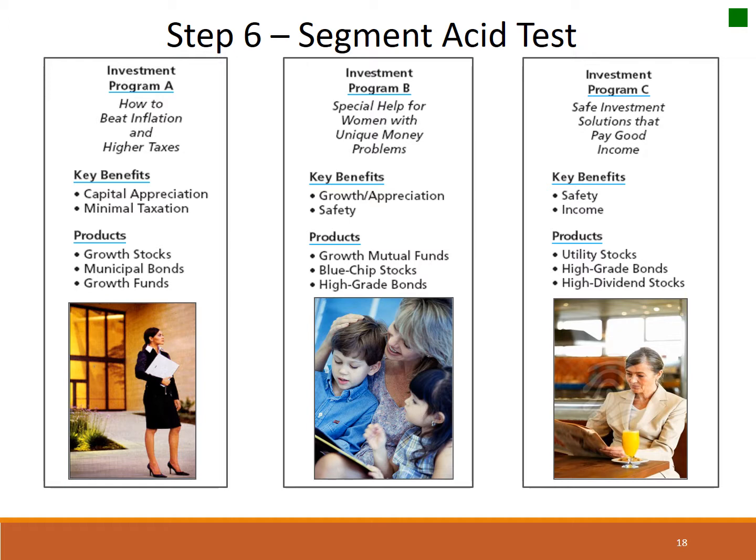So product A is a product that would help a person beat inflation and high taxes. Letter B, program B, special help for women with unique money problems. And letter C, safe investment solutions that pay good income.